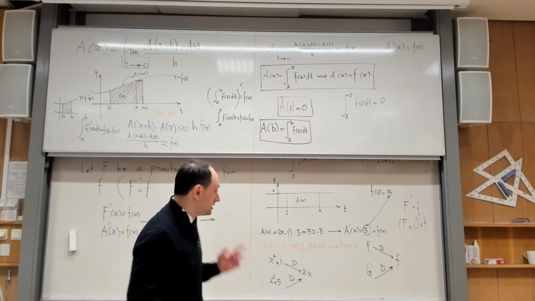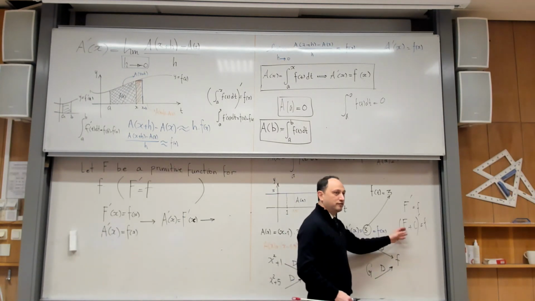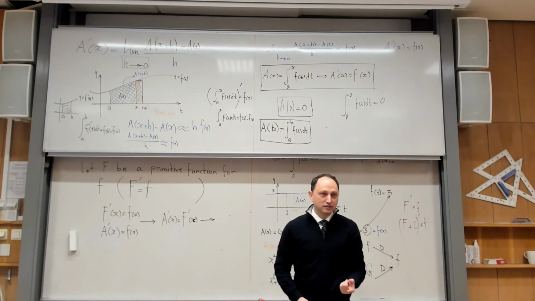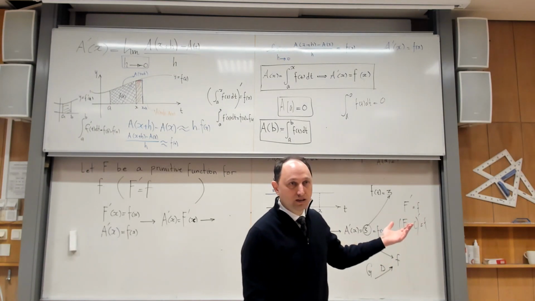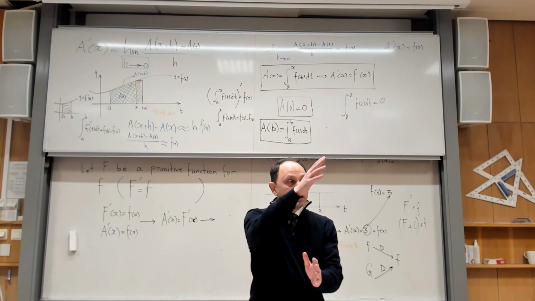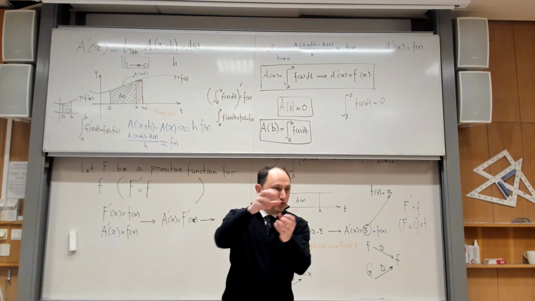But now, this is extremely important, by the way. This is why you always find one primitive function and add a c to it. Think about it: why do we just add a c to it? Because there are different primitive functions for the same function, and I have to write all of them.